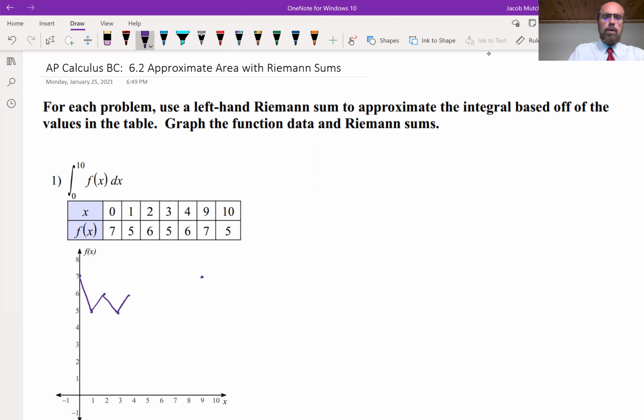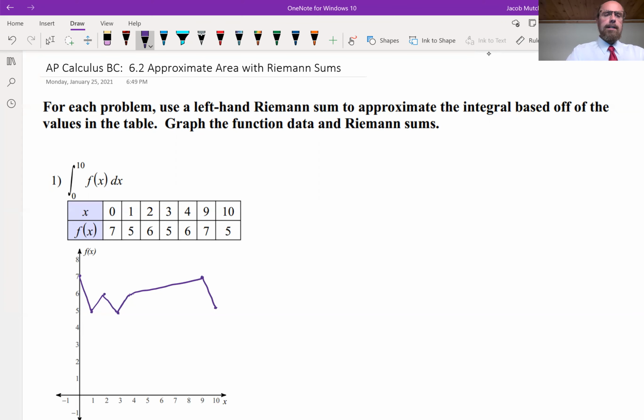So I've got a much wider interval for this fifth interval there. And then my last point that I'm going to graph is the point (10, 5). So back to a width of 1. So that's my piecewise function.